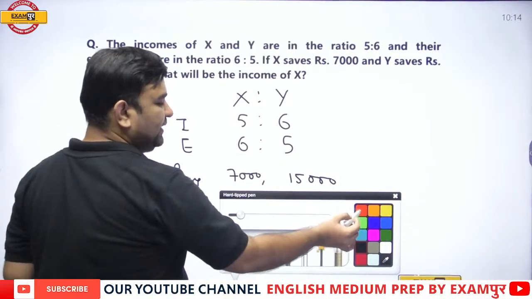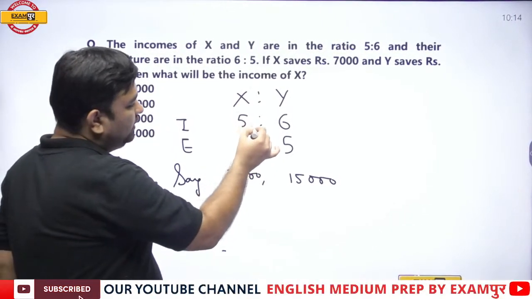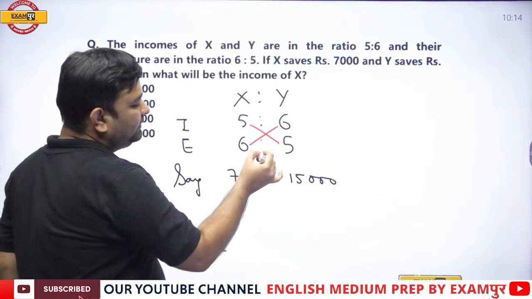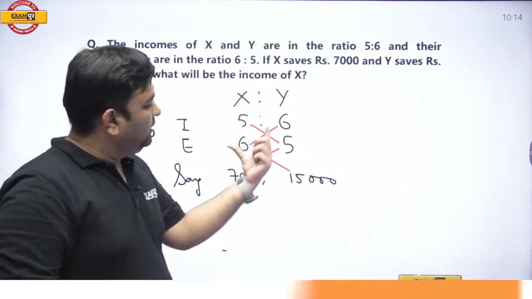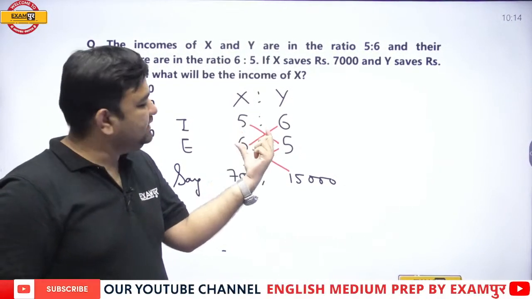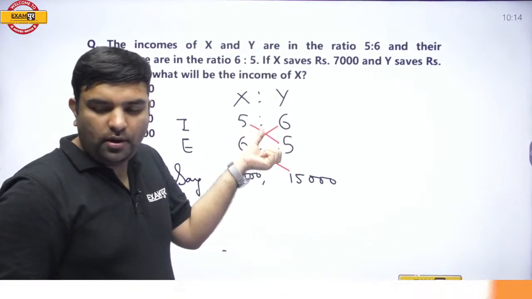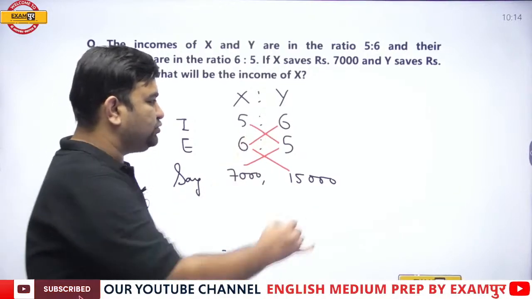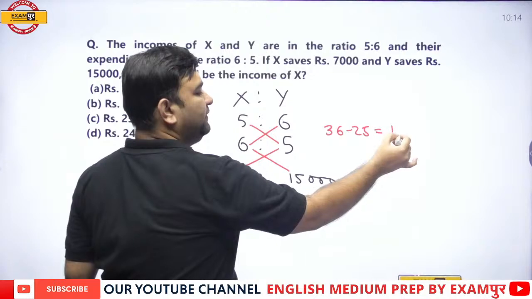Understand the crisscross method. Cross multiply between them and cross multiply between them. This is 36 minus 25, bigger number minus smaller number. So 36 minus 25 is 11.